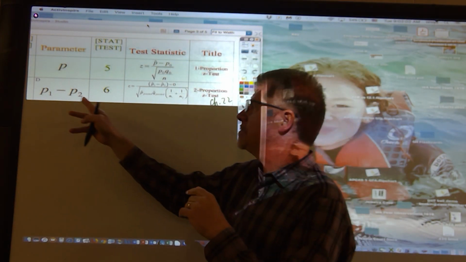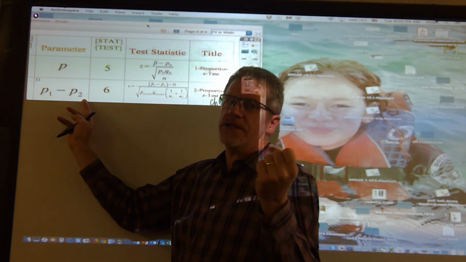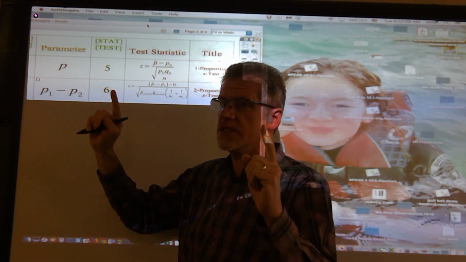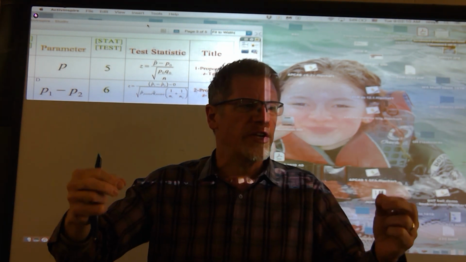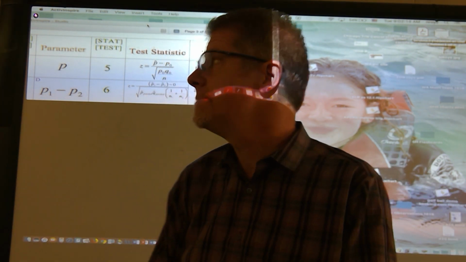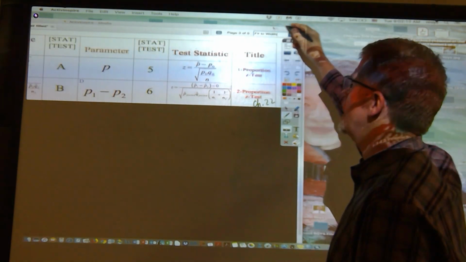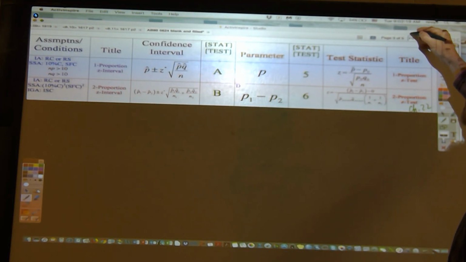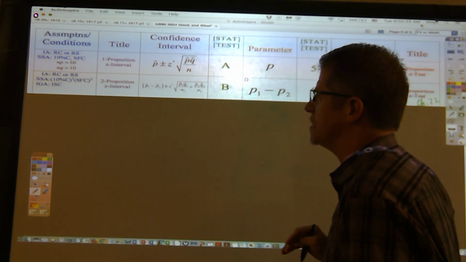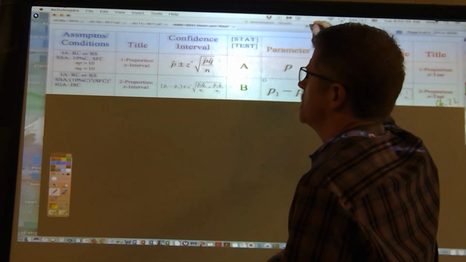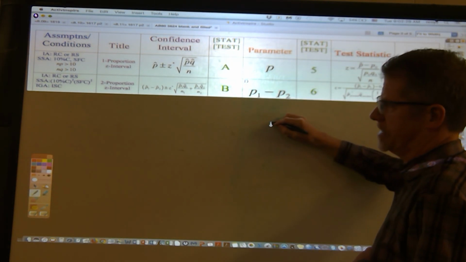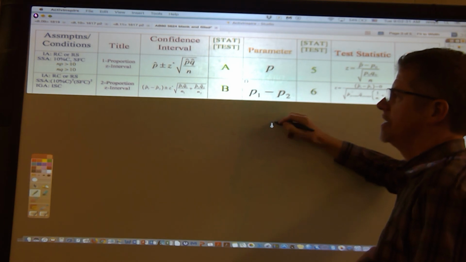In fact, it's probably not exactly 0, but we assume that p1 minus p2 is 0 unless we get sufficient evidence to conclude otherwise. So that's a sort of real-life question that's at stake. What's the difference between proportions from two different independent populations?